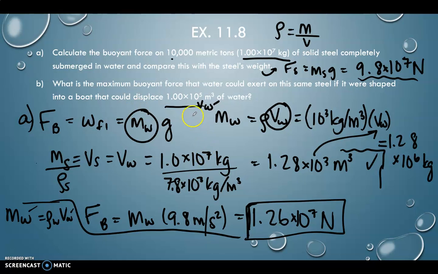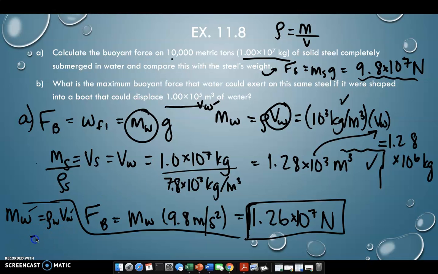So you're going to plug in this same value here, 10 to the third times our new volume, which is this guy here, 1 times 10 to the fifth. And that's our new mass.